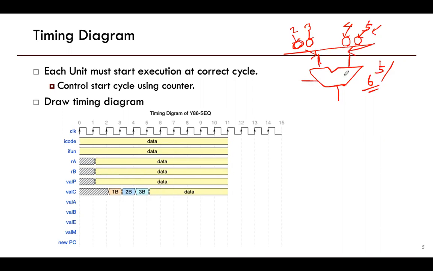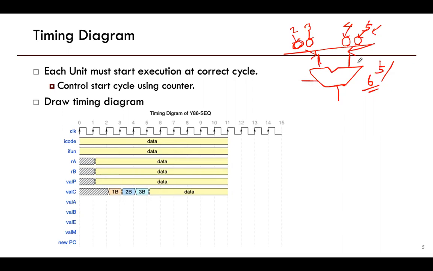This issue happens for every stage, right? The fetch unit has the same issue, and the register file, like the write back stage, and the execution unit, like this example, and also the data memory stage has a similar issue.